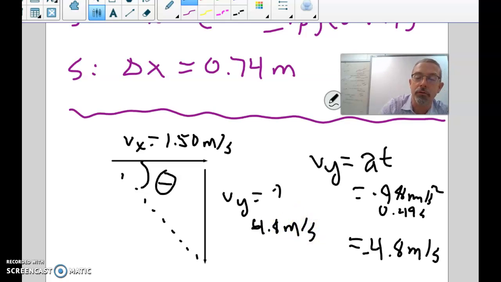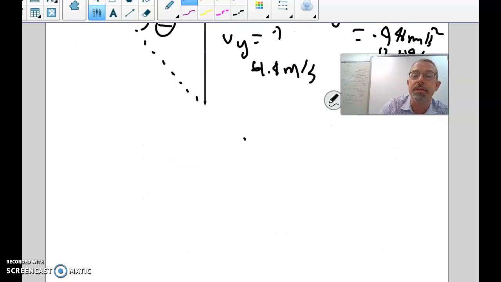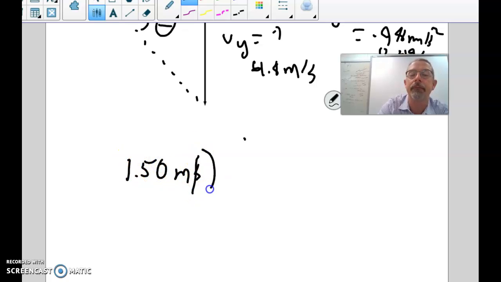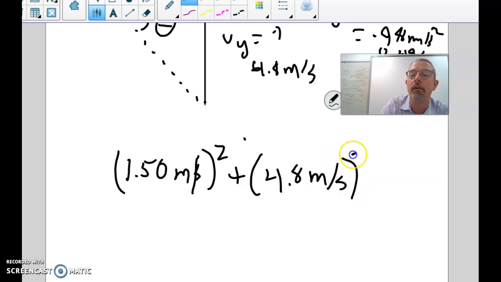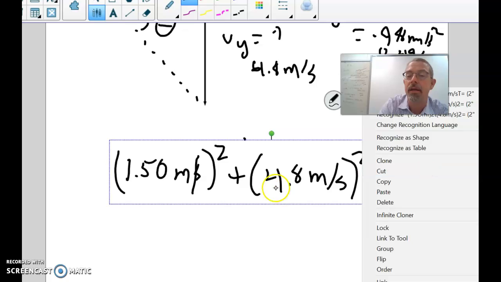Now it's all over but the shouting, because now we just say a squared plus b squared equals c squared. So 1.50 meters per second squared plus 4.8 meters per second squared is going to equal c squared, or my resultant. And you might be a little bit dismayed that I'm not including the negative.